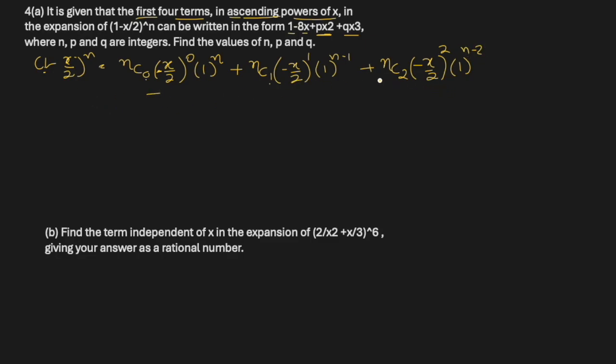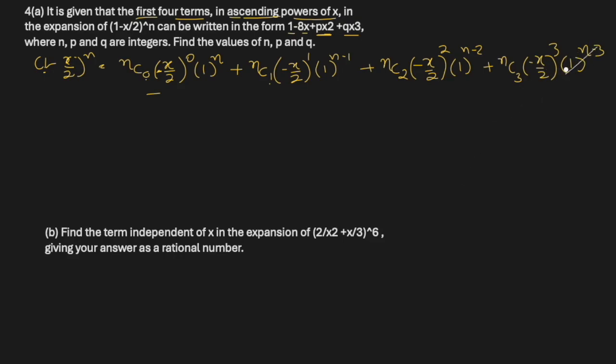Then the fourth, nC3 minus x over 2 to the power 3, 1 to the power n minus 3. One thing we should first take care of is that 1 to the power anything is 1.